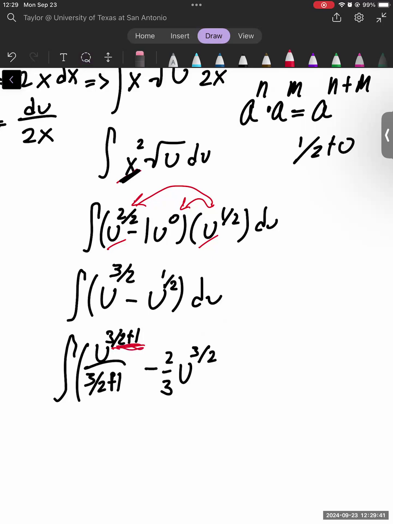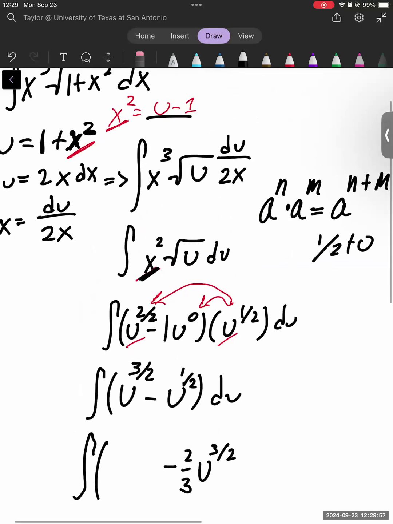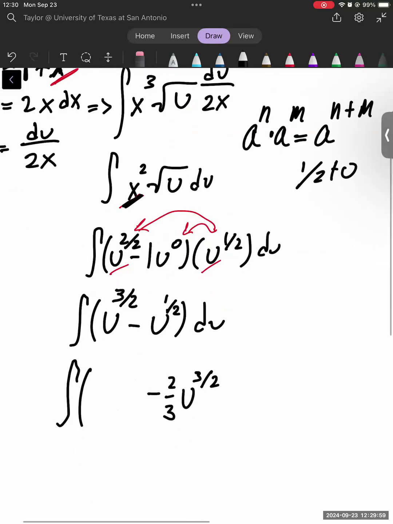Thank you, Jacob. 5/2 over 5/2. And then cleaning this up, I get, okay, we'll talk about that in a second. Oh sorry, 2/5 u to the 5/2.